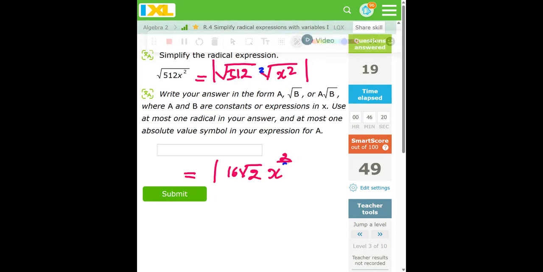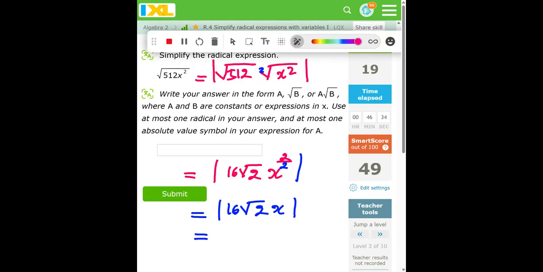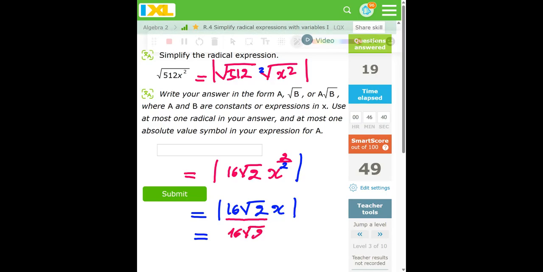I divide by 2, close absolute value. So now I come out with 16 square root of 2 and then the absolute value of x. One last thing over here is 16 square root of 2 is always positive, so I take it outside. And now I put absolute value of x.